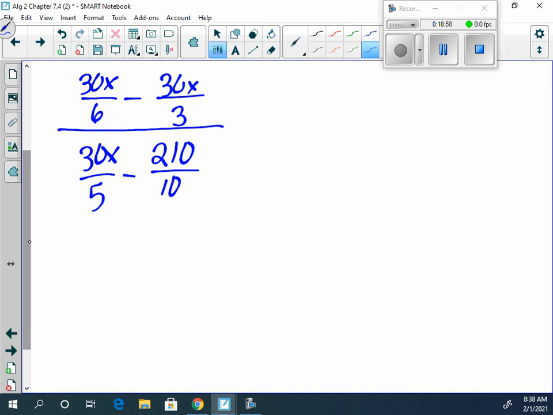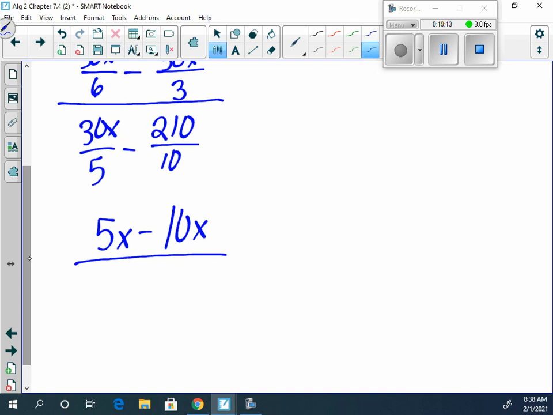Now let's simplify. Well, 30 divided by 6 would be what? And we have our x still, minus 30x divided by 3 would be 10x, and they are being subtracted. 30x divided by 5. And 210 divided by 10.